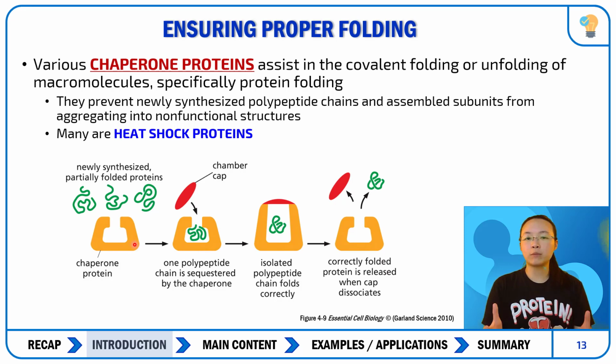And each chaperone protein is going to provide a clean environment to allow the protein to fold correctly all by itself. And then after it's folded, it gets released. So you get this perfectly folded protein that's released from the chaperone protein after the folding process is complete. So hopefully this makes sense.